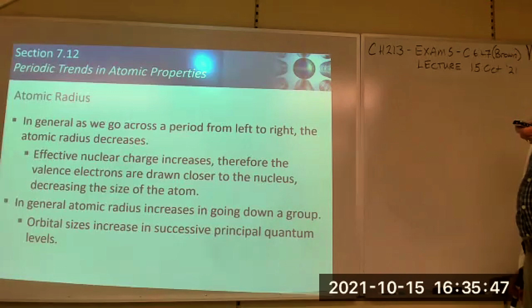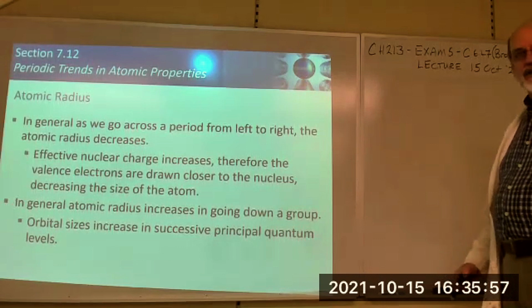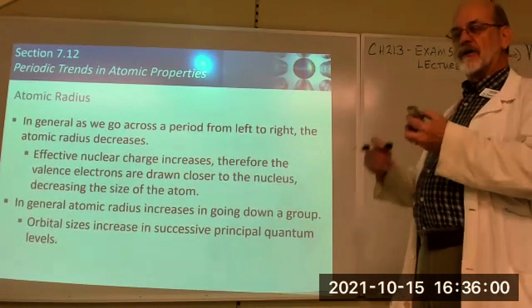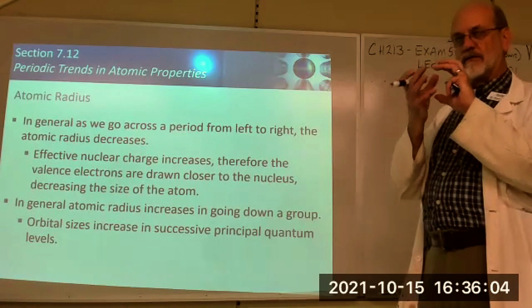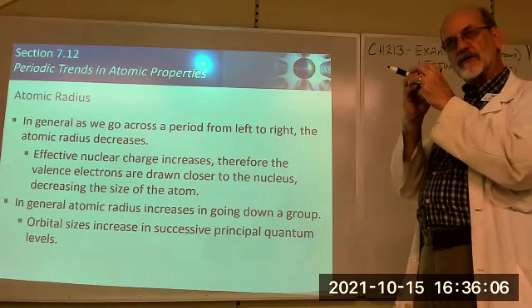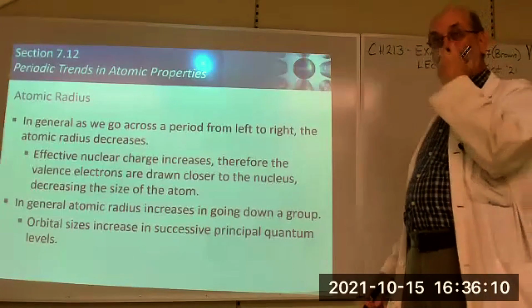And if you go from left to right in the representatives, you find that the radius decreases. So you would expect fluorine to have a smaller radius than lithium, and it does. And that's predominantly because you're increasing the effective nuclear charge, more protons in the nucleus, and they're drawing the electrons in.